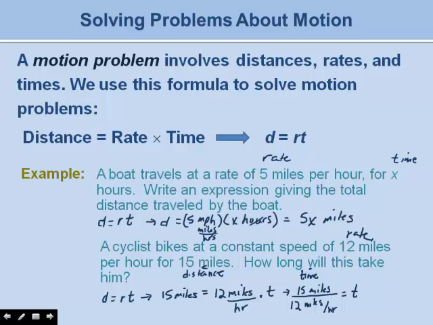So we could invert and multiply, and we'd end up with hours over miles on the top, and the miles would actually cancel out. So what this ends up being is 15 divided by 12, and our unit ends up being hours. And we could reduce this. This would actually reduce down to 5/4 of an hour.